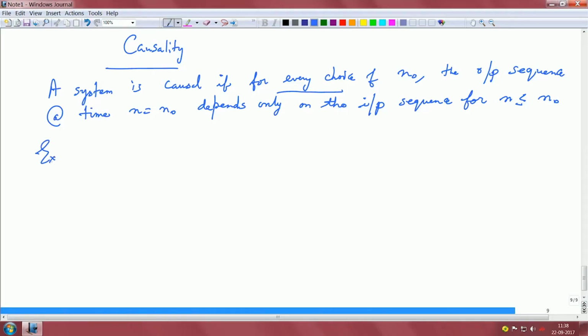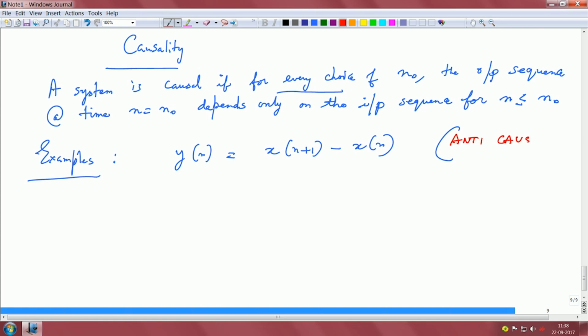If I am anticipating something, then it is anti-causal. So, let us see some examples. y of n is x of n plus 1 minus x of n. This is anti-causal. Why? Because the output at time n depends upon the input at time n, no doubt, and also the input at time n plus 1, that is some sample in the future.